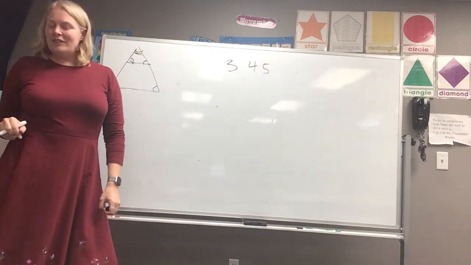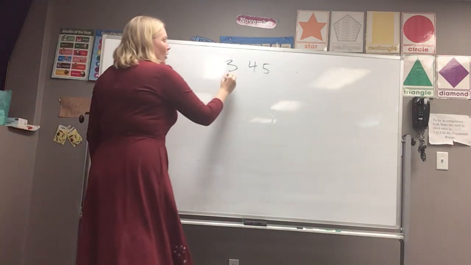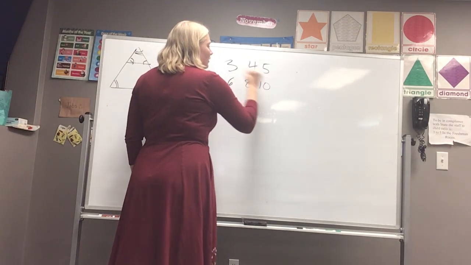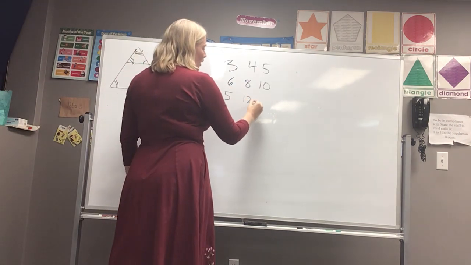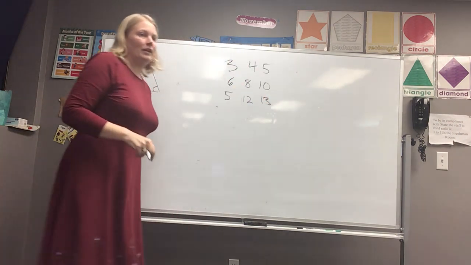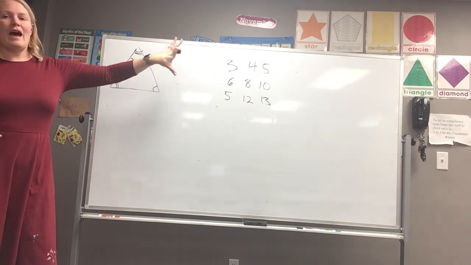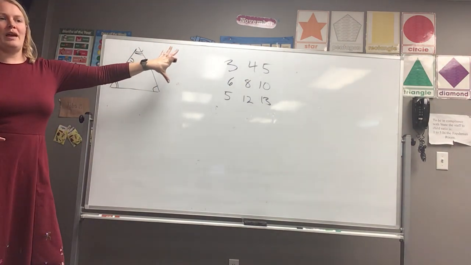The other one, honestly, for me, it's a toss-up. They are also really fond of 6, 8, 10. But the other one that shows up frequently is 5, 12, 13. And so those are the ones that I would be most aware of as Pythagorean triples.